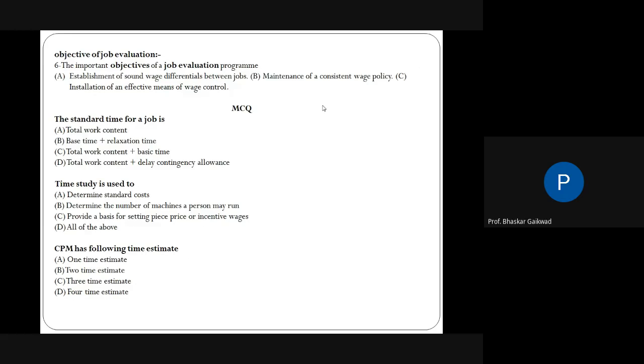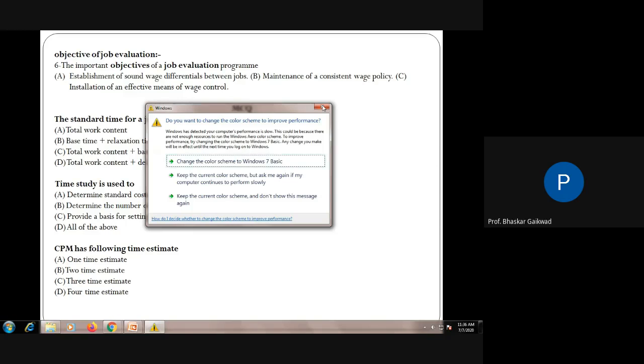Now, apart from this, certain allowances or management policy are also going to be decided by using work measurement, job evaluation, and merit rating.